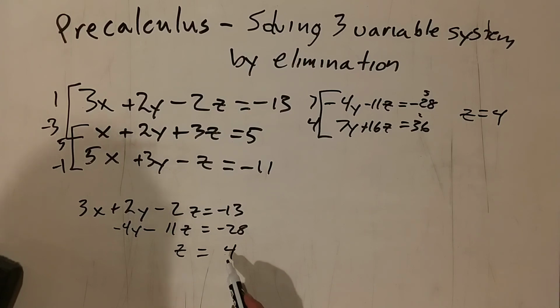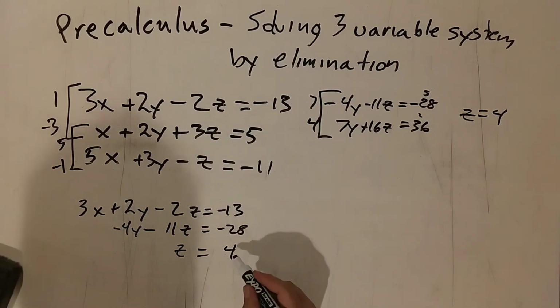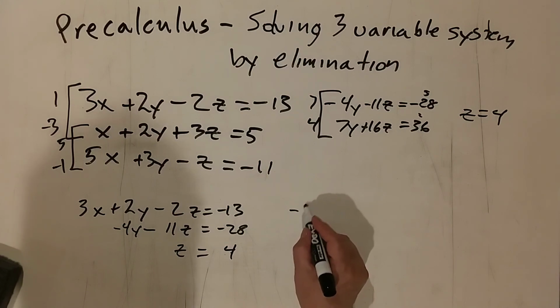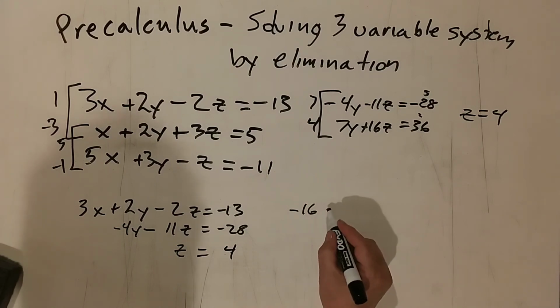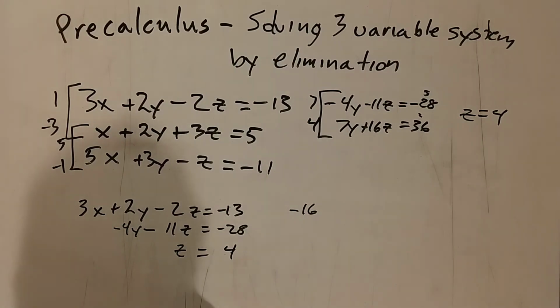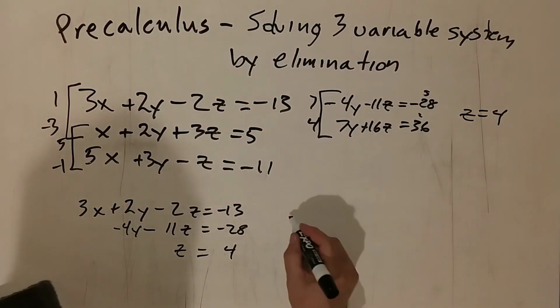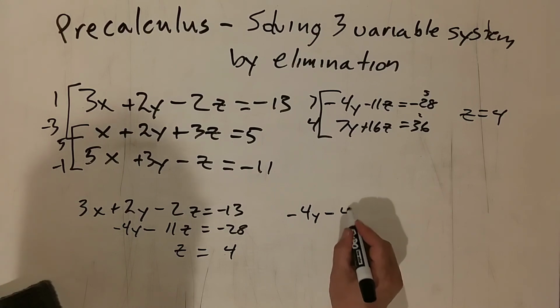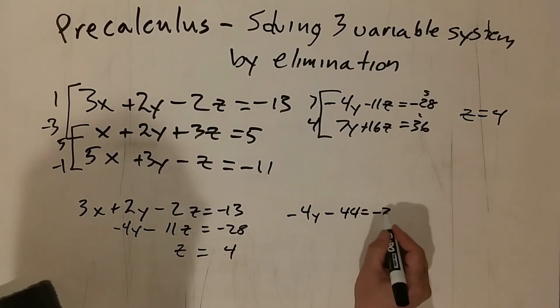Now we can go back and find each of the other variables by substitution. Putting 4 in for z in the equation above: negative 4y minus 44 equals negative 28.